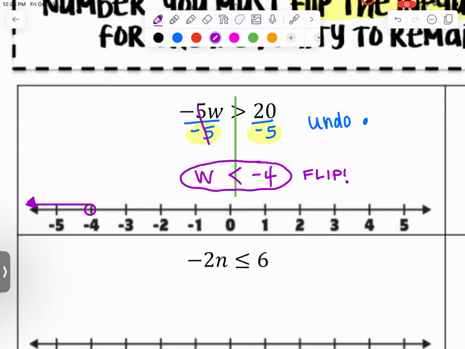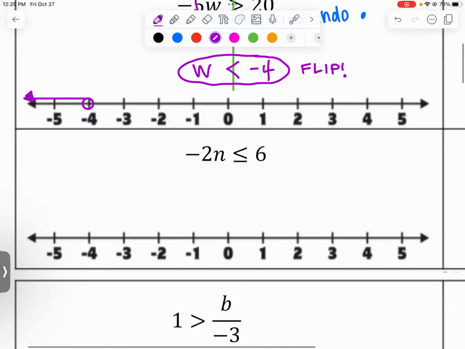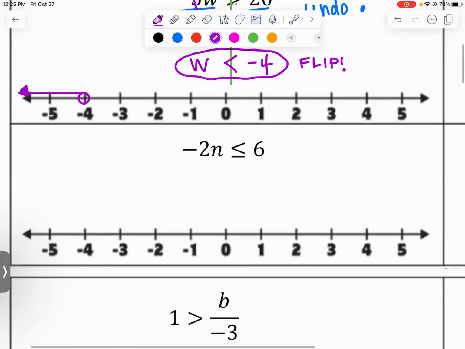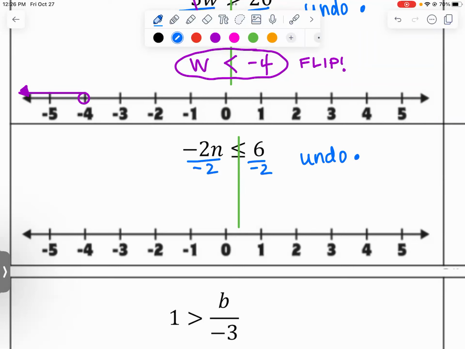Let's talk about our second example. If we draw our fence, Giselle, what do we need to do to both sides? We need to undo the multiplication between the -2 and the n, and we need to divide both sides by -2.